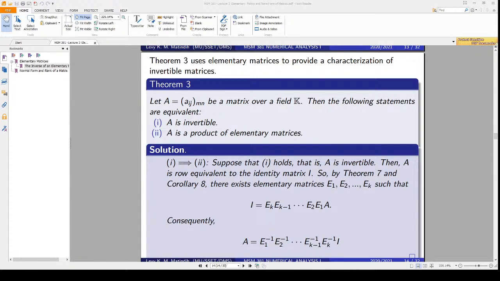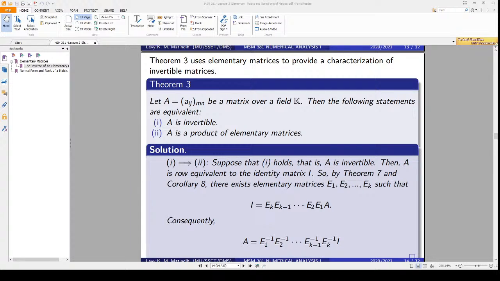Now, because A is row equivalent to the identity matrix, we can write the identity matrix as the product of the elementary matrices with respect to A. Consequently, we can also write A.